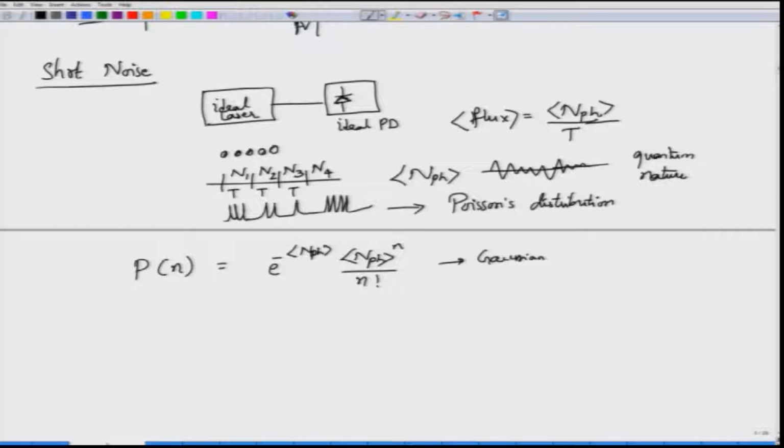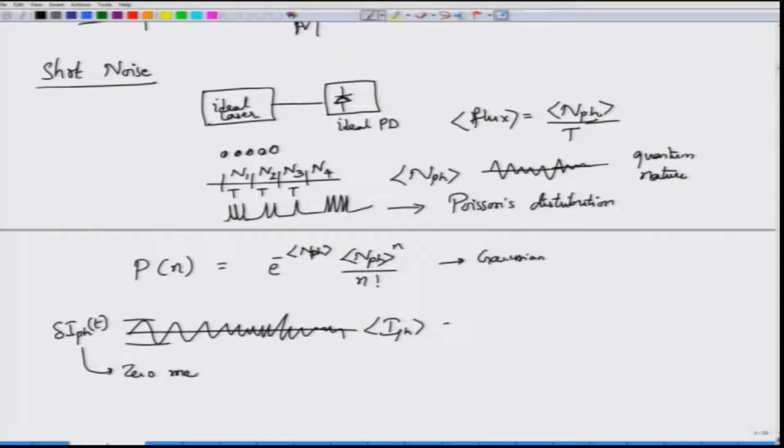Okay. So, the combination of these two statistical natures is that your current is not really a constant, but there is actually a distribution around this current, with a mean photocurrent given by the mean value of the photocurrent, and there is actually a time varying component, which we can write as delta IPH of t, which has 0 mean, okay, but a variance which we call the shot noise variance, given by, surprisingly, q into IPH.